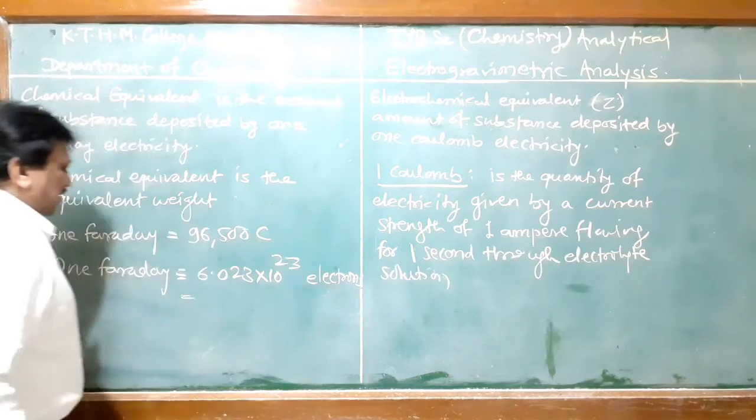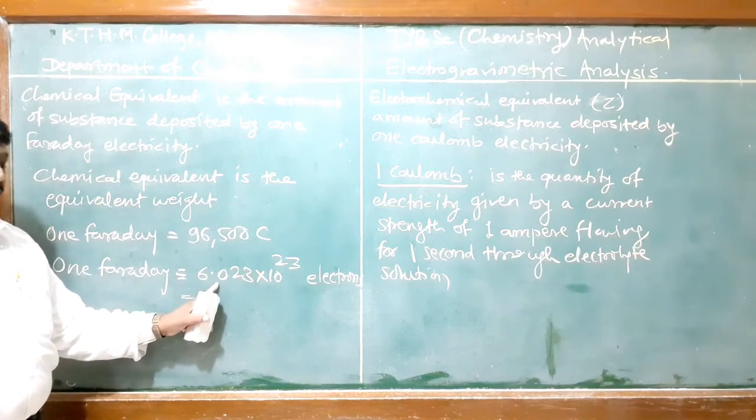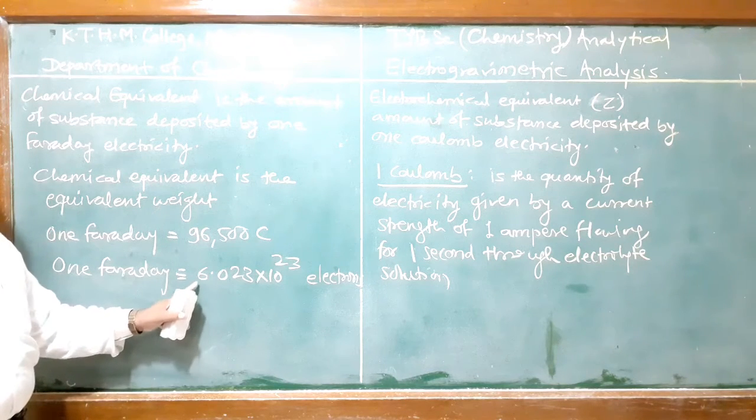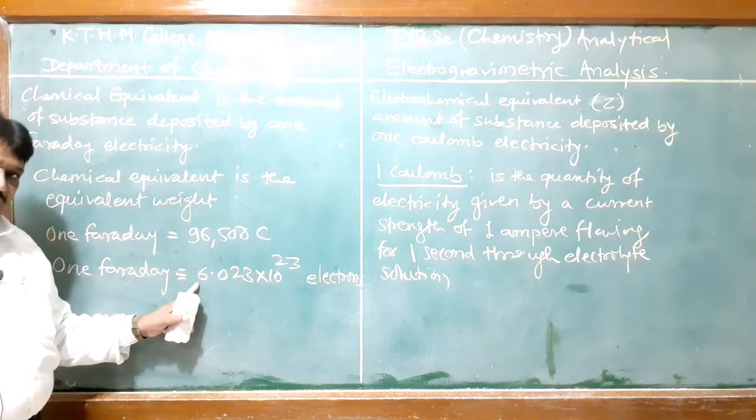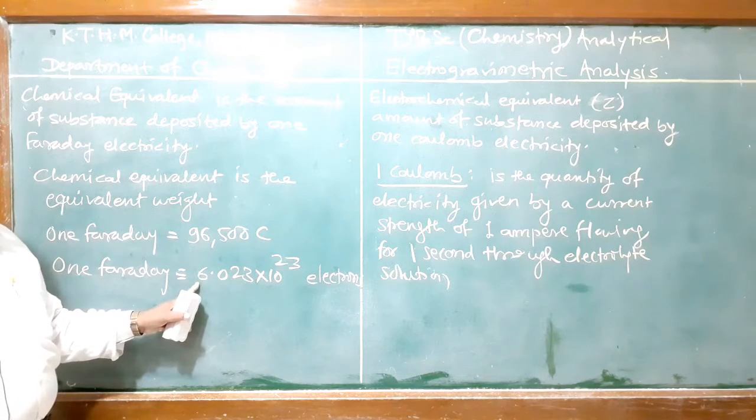Therefore, when we pass 1 Faraday of electricity through the analyte solution, it provides Avogadro's number of electrons, and that deposits Avogadro's number of atoms.